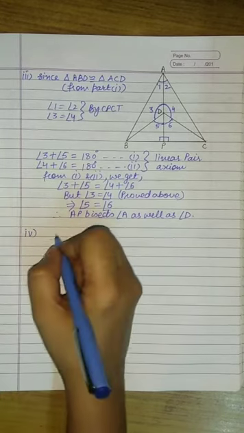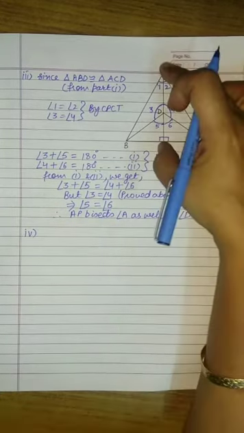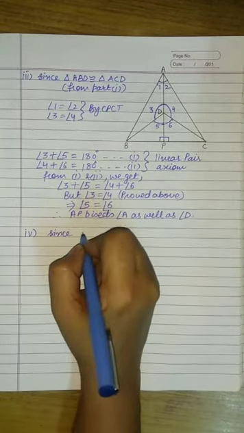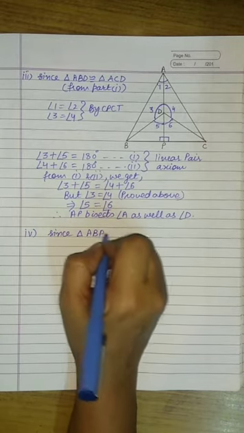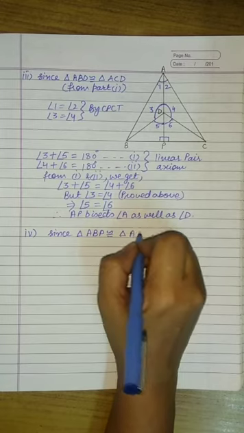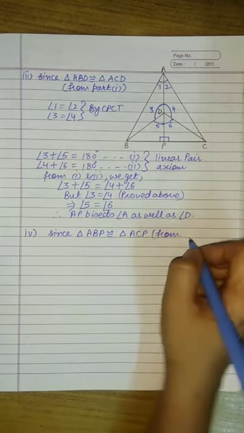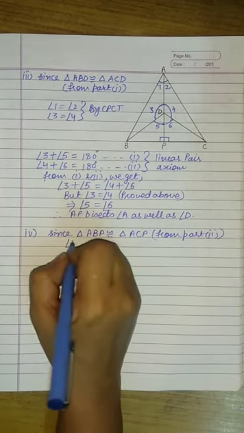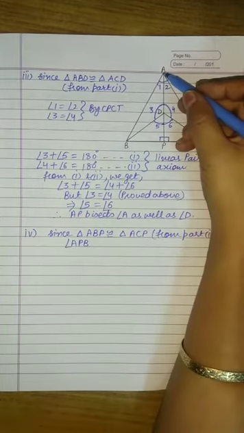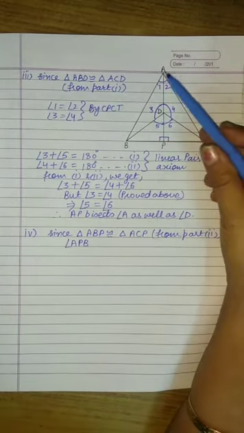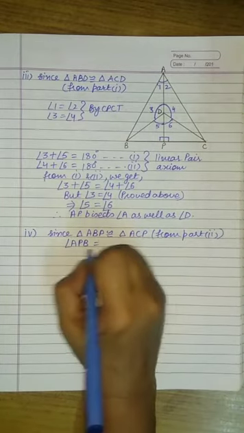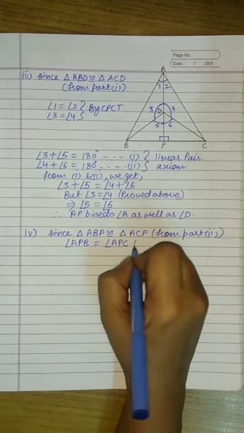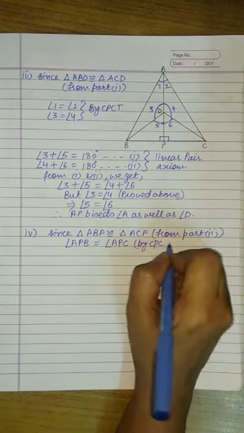Now the fourth part of this question is, we have to prove that AP is the perpendicular bisector of BC. Already in part 2 we have proved that triangle ABP is congruent to triangle ACP. So angle APB is equal to angle APC by CPCT from part 2.